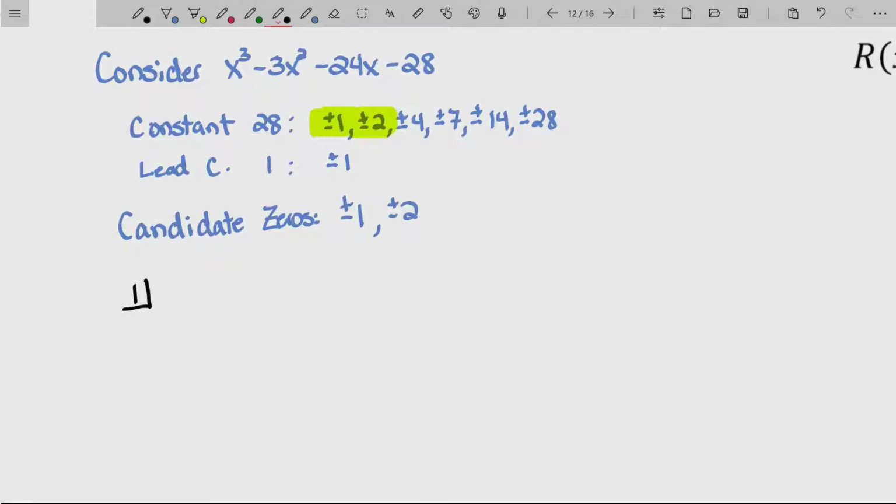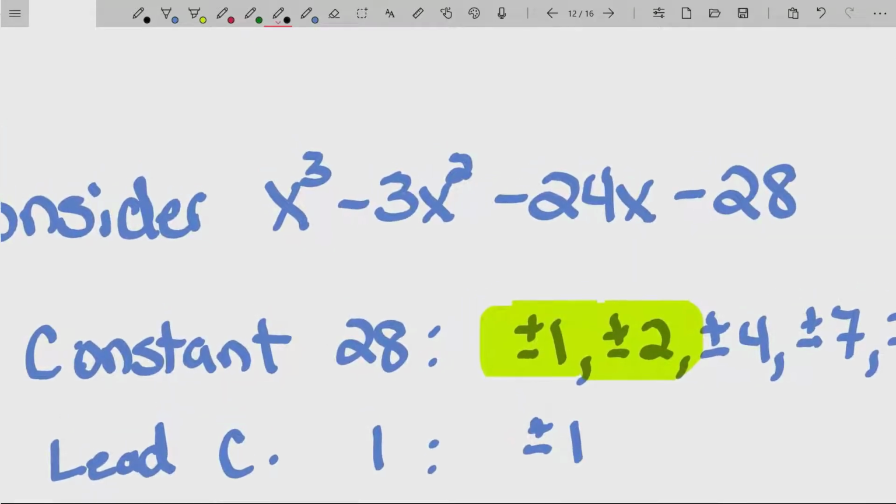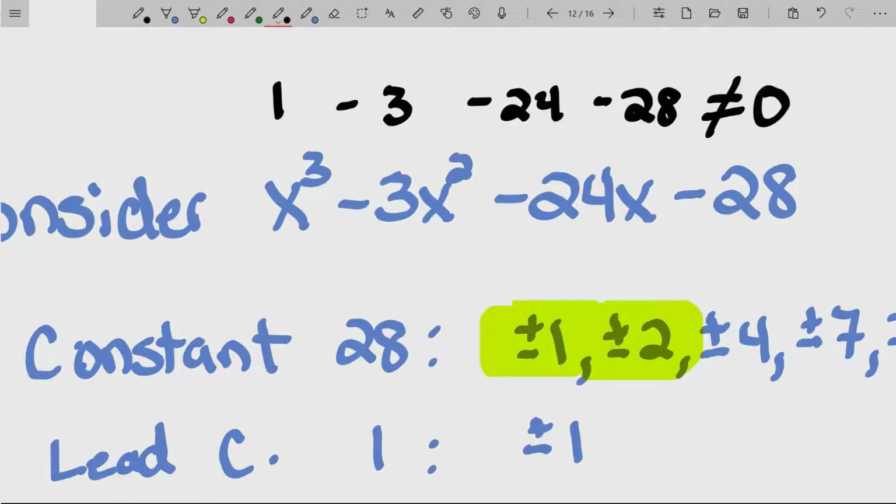So there are a couple ways to check this. 1 is very fast, so if you want to do it the quick way with a 1, you can. If 1 were a zero, you could just plug it in: 1 minus 3 times 1 minus 24 times 1 minus 28. You know that's non-zero. That's me just plugging it into the polynomial.